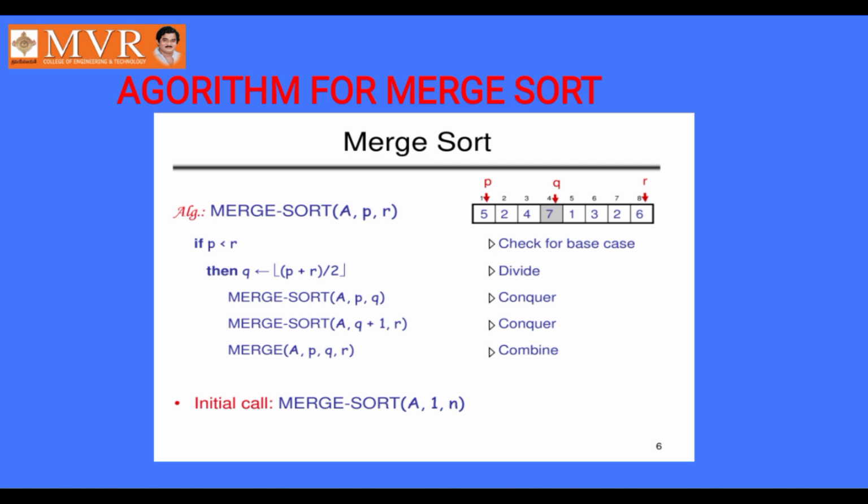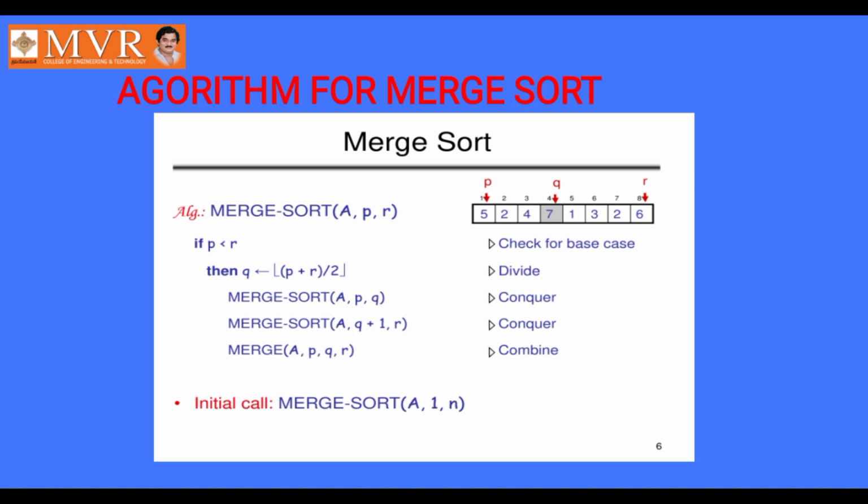To calculate the mid value, you must know the lower bound and also the upper bound. Here the lower bound will be P and the upper bound will be R. Based on the P and R values, we will be calculating the Q value, that is the mid value. The formula for calculating the mid value is mid is equal to (low plus high) by 2.